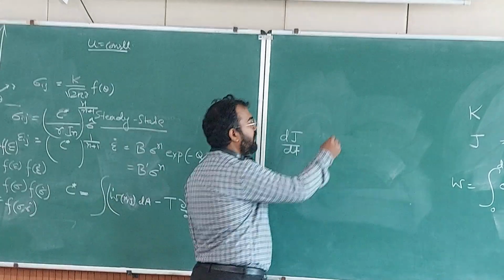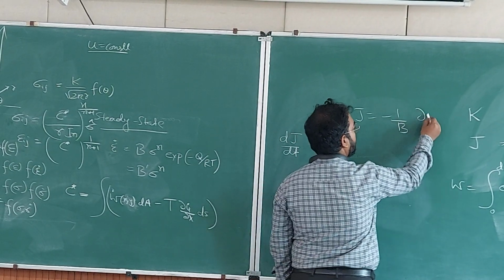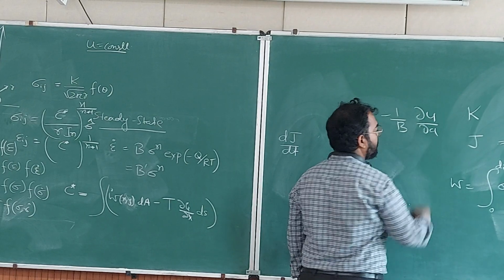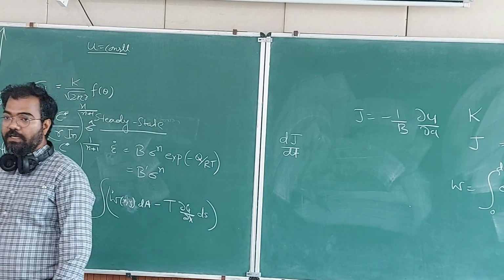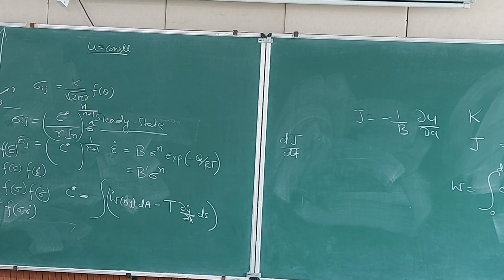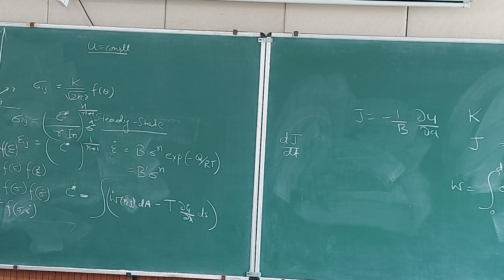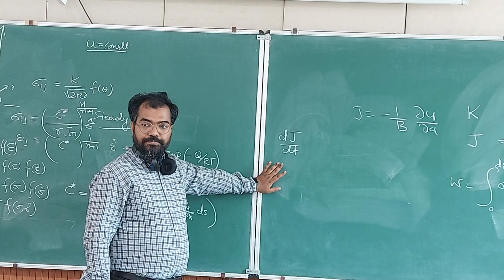Okay. So J has been defined as 1 by B del U by del A. So that rate is not with respect to time. That rate is with respect to crack extension. And the another derivative is with respect to time. Because there it was not time dependent, here it will be time dependent.